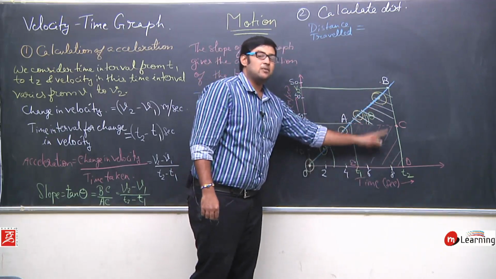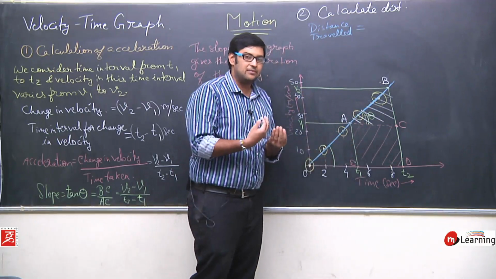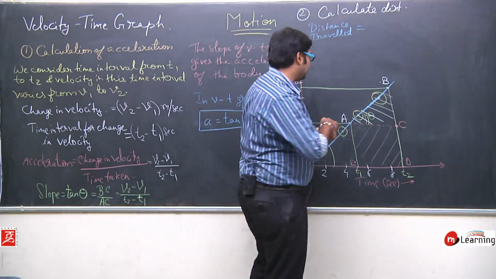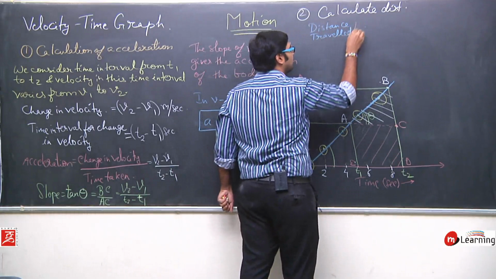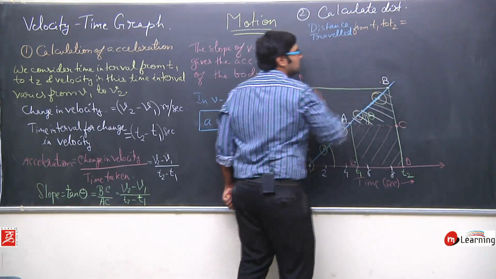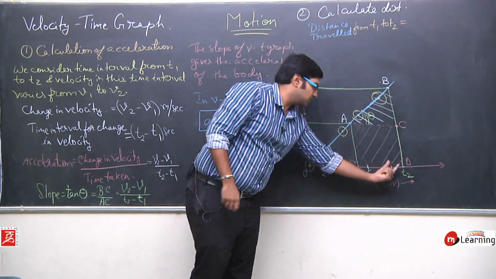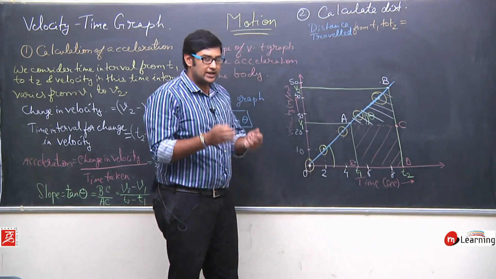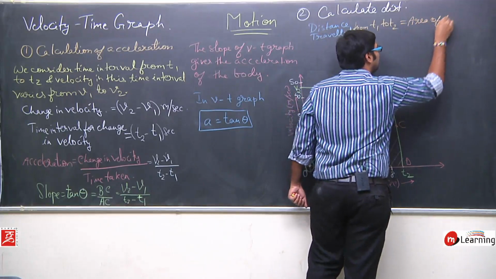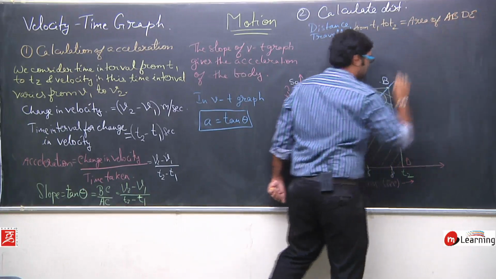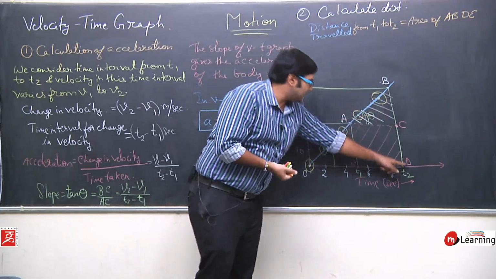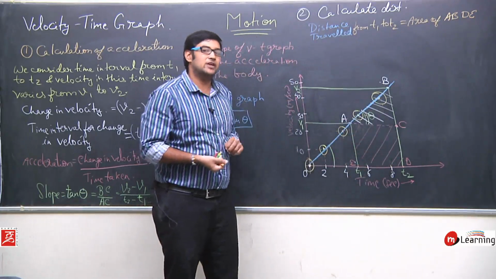This is the particular part, or the time interval, which we are considering from T1 to T2. So here I will say distance travelled in the interval T1 to T2 is equal to the area of A, B, D, E, the area of the figure A, B, D, E. Now you can see ABDE is formed by two different figures.